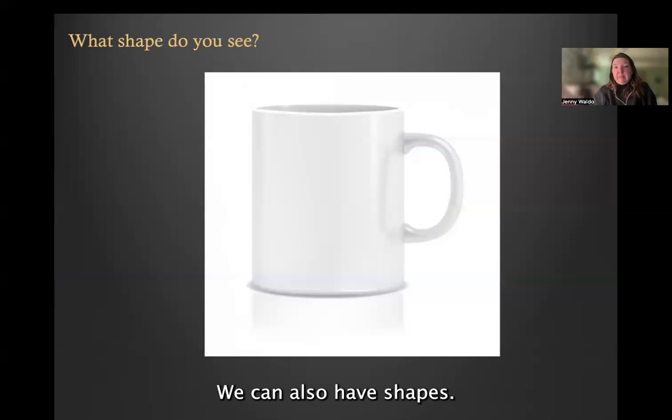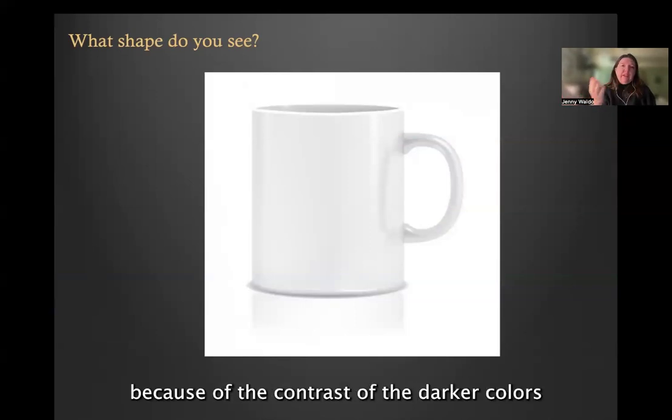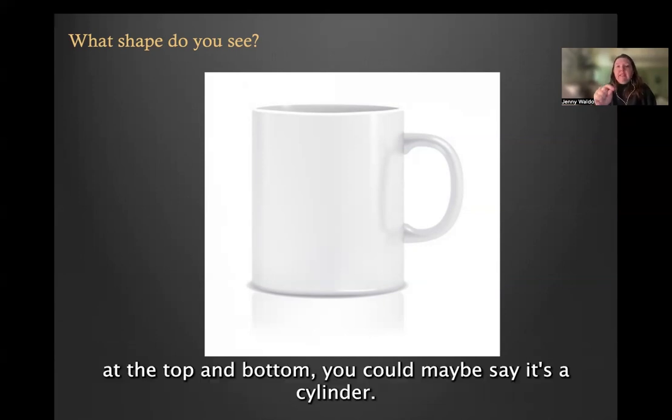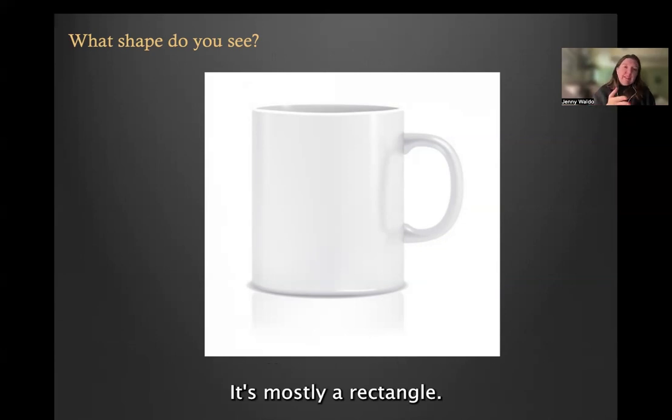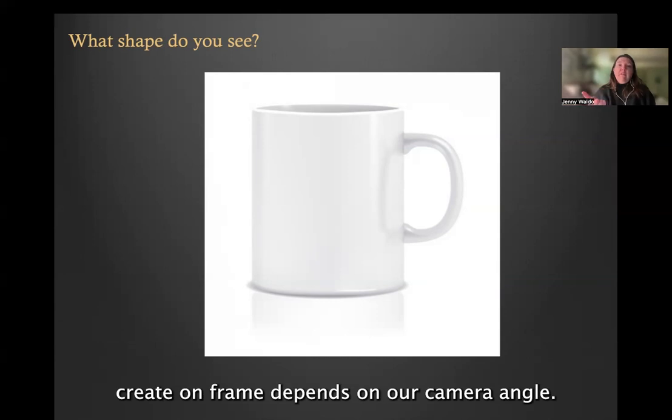We can also have shapes. So if you squint at this, because of the contrast of the darker colors at the top and bottom, you could maybe say it's a cylinder. It's mostly a rectangle. And again, the shape that we create on frame depends on our camera angle.